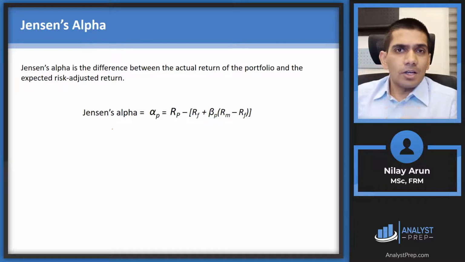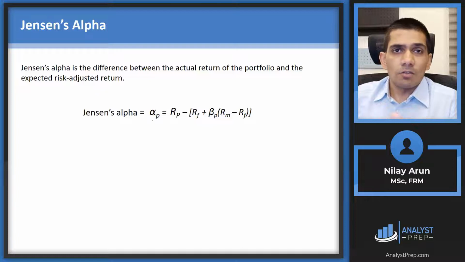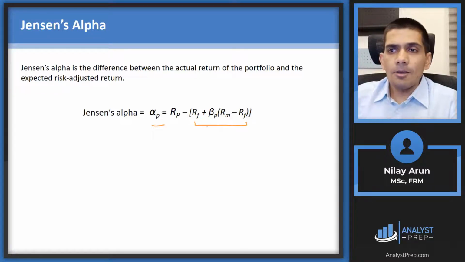So how do we calculate Jensen's alpha? If you look at the formula here, of course, the notation which we use is simply alpha. That's RP minus [RF plus beta times (RM minus RF)]. The bracketed part is nothing but your CAPM required rate of return. RP is the actual return on the portfolio.